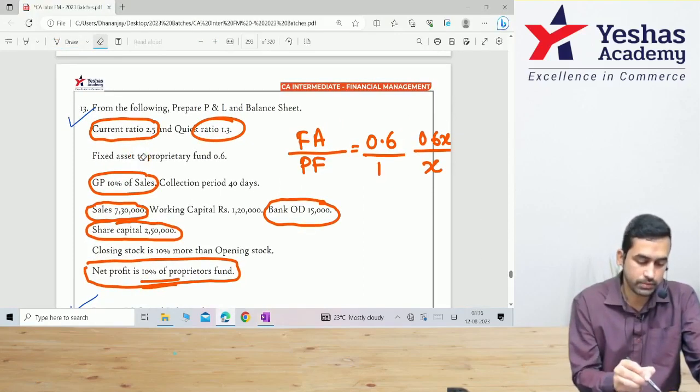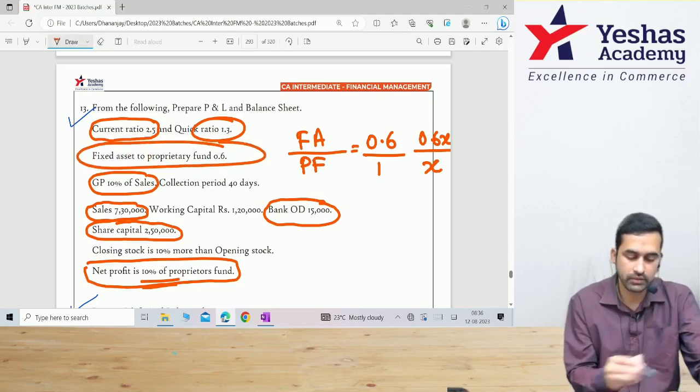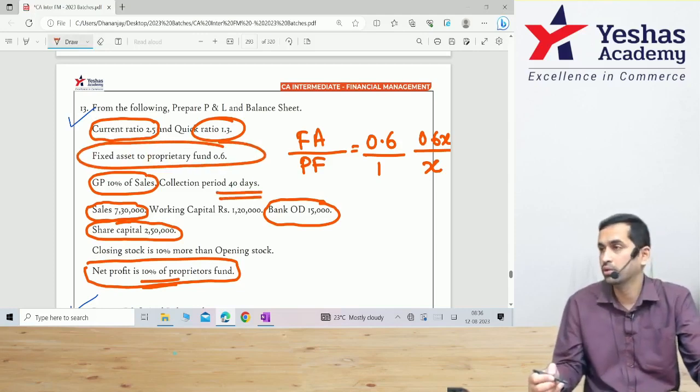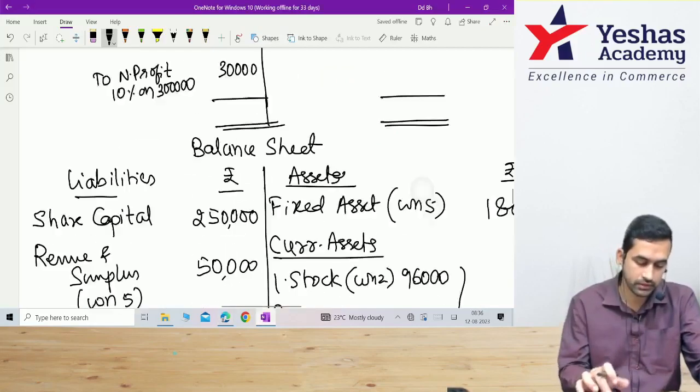Okay, even this adjustment is taken care. They have given collection period. With this, I can do debtors calculation.